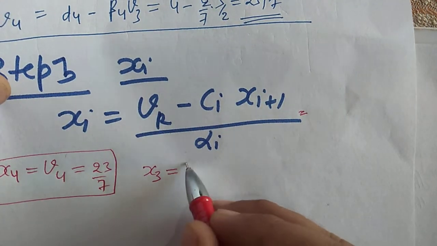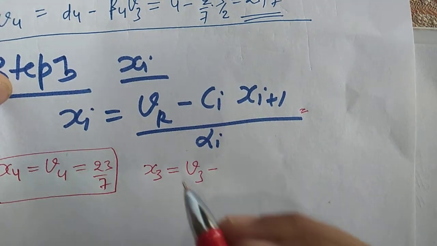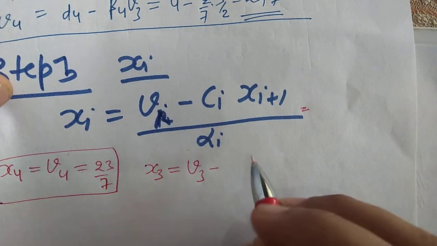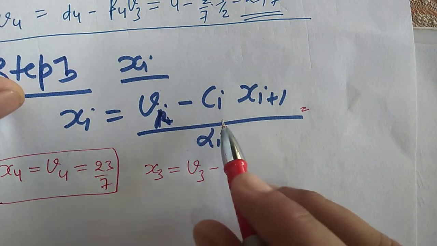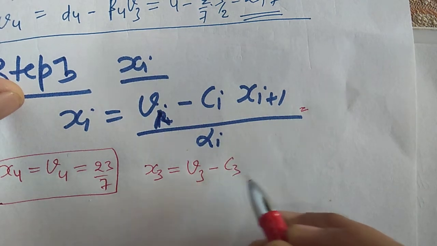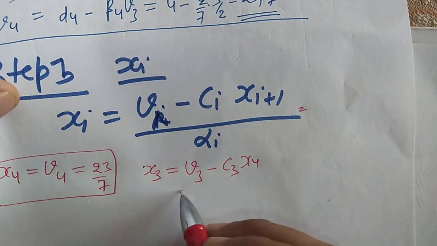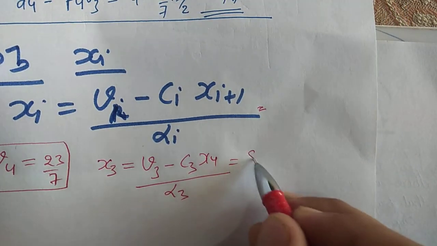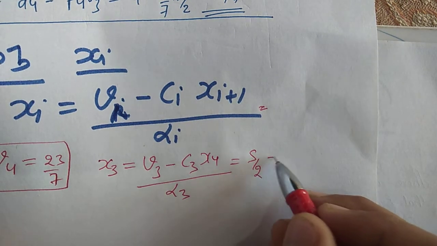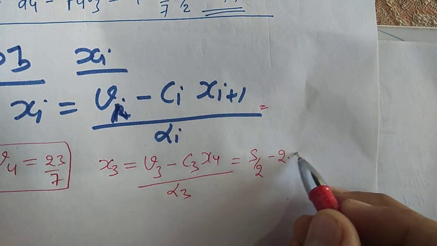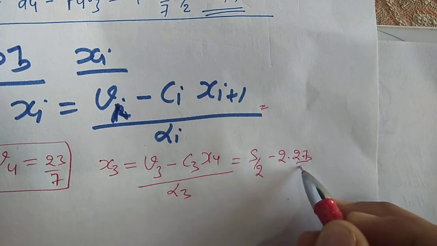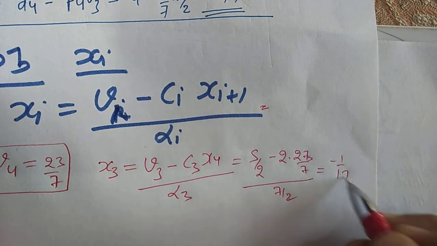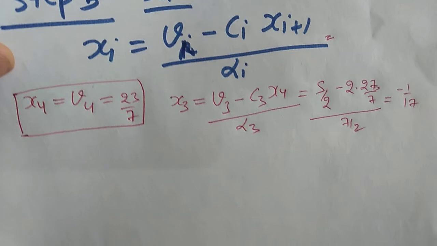So x3 equal to V3 minus C3 x4, divided by alpha 3. So we have 5 by 2 minus 2 into x4, which is 23 by 7, divided by 7 by 2. If you simplify we get minus 1 by 17. So x3 is minus 1 by 17.